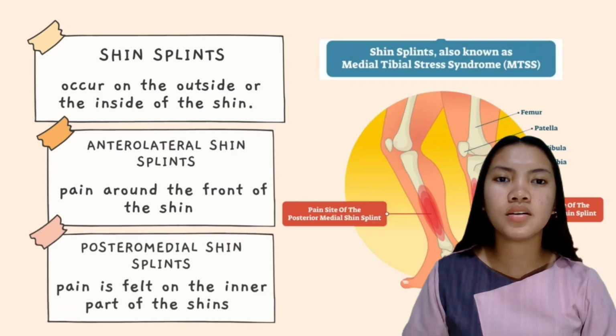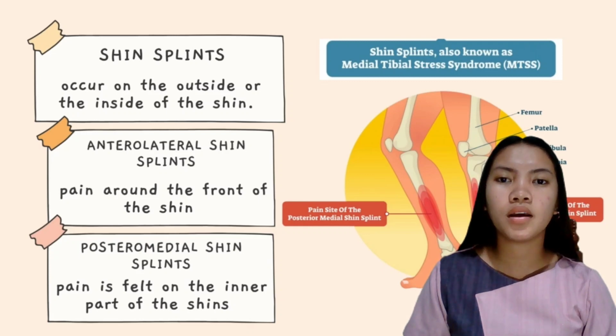In posteromedial shin splints, the pain is felt on the inner part of the shins and is worse when you stand on your toes. If you keep running on a regular basis when you have a shin splint, the pain tends to spread towards the knee. Shin splints are pain in the front or inner part of the lower legs due to heavy physical activity or certain sports such as tennis, racquetball, soccer, or basketball.